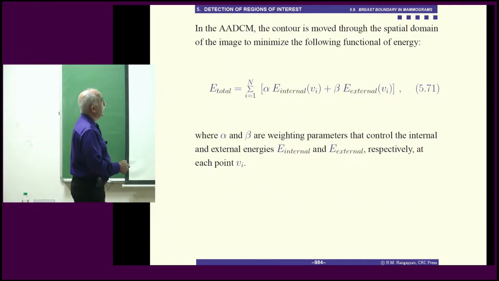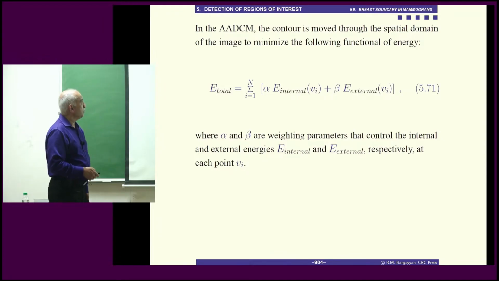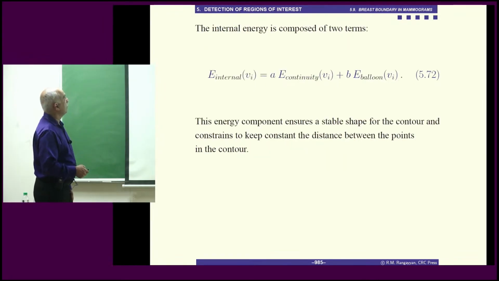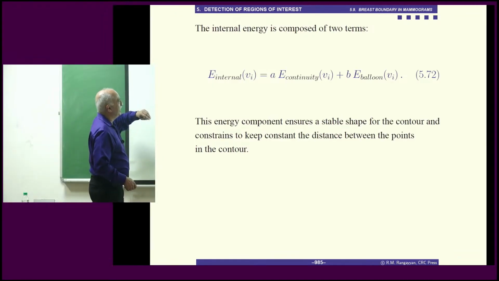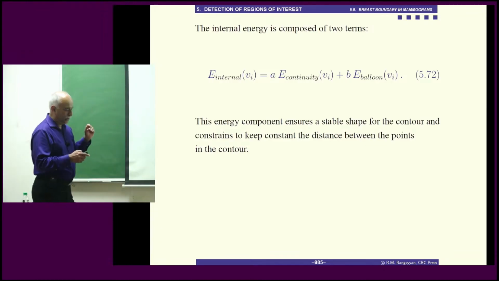The total energy now is internal energy plus external energy like before. The internal energy has a continuity energy and a balloon energy, a linear combination of the two. The energy component ensures a stable shape for the contour and constraints to keep constant the distance between the points in the contour.